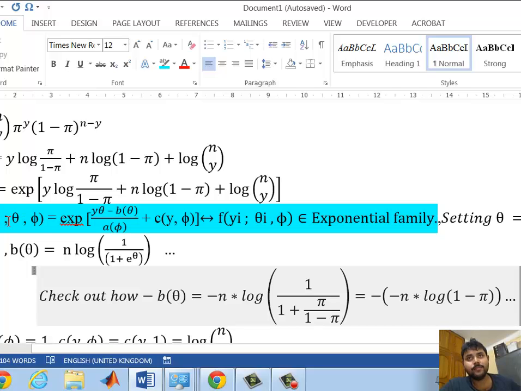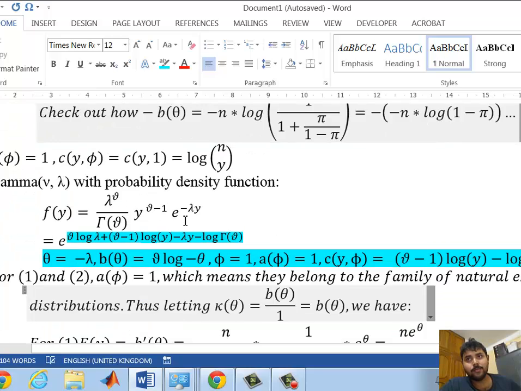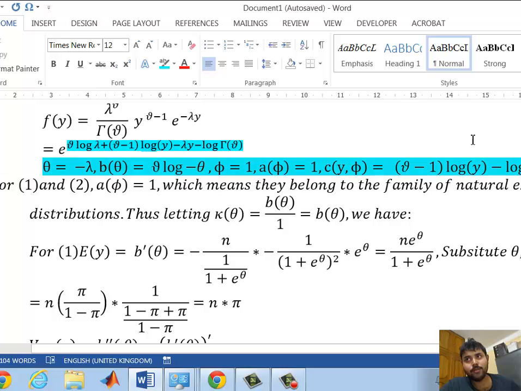So these are how they should look. Y theta minus b of theta, a of phi, c of y comma phi. So here we have both the phi, y, and c function.